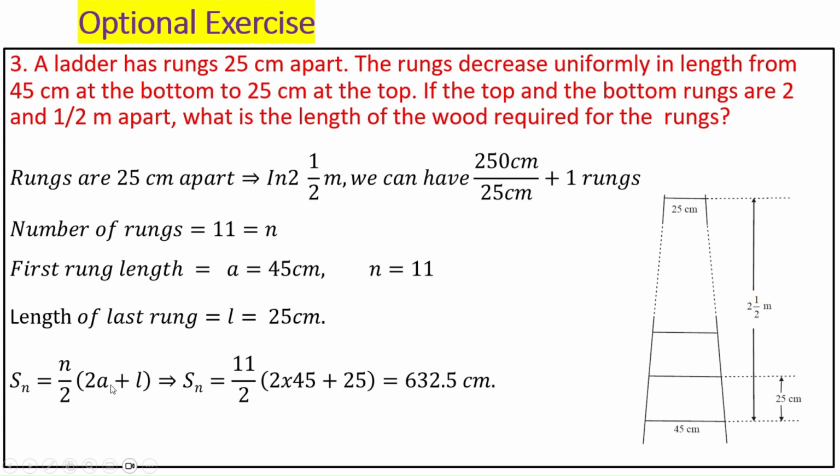Sorry, I said a wrong value earlier. So here it will become 11 by 2 into 45 plus 25. So 70. The answer is 35 into 11. That is 350 plus 35, 385.